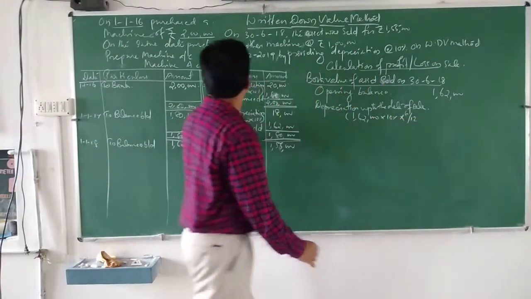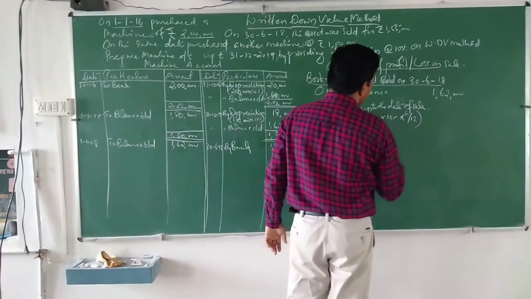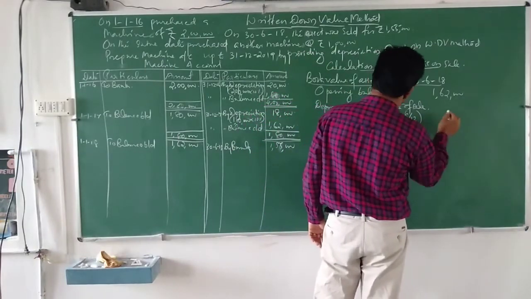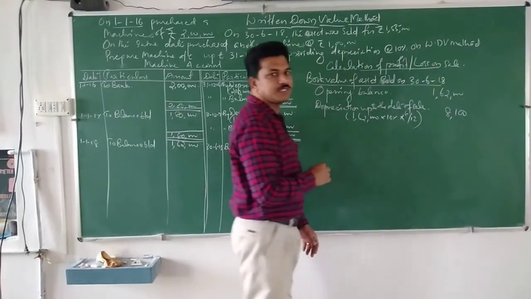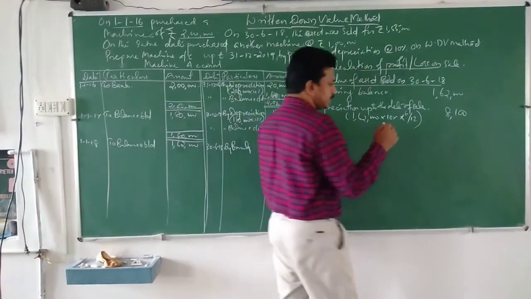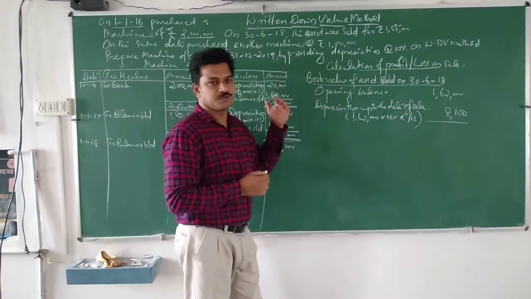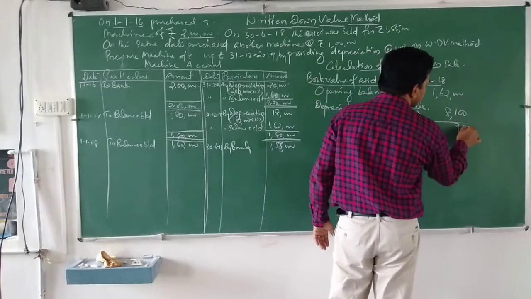That means from January to 30th June. So it will be how much? 8,100. Isn't it? So that 8,100 we have to reduce from that. That is the depreciation. So 8,100 can be deducted.